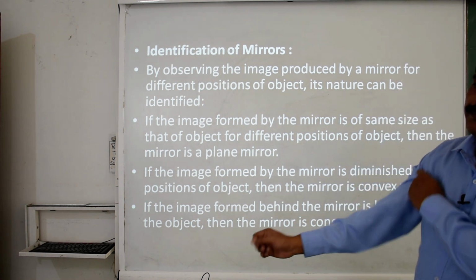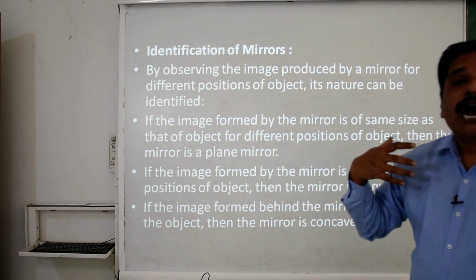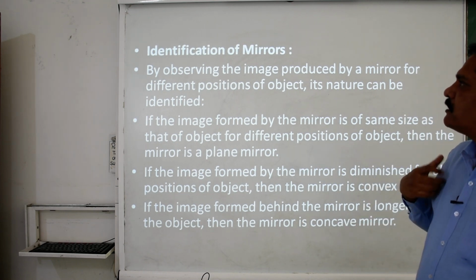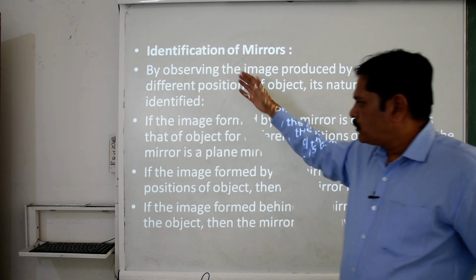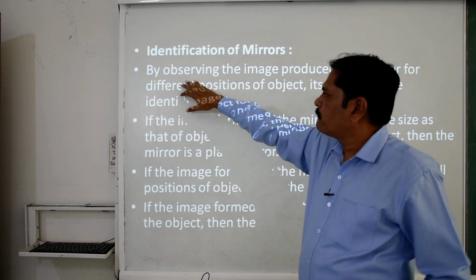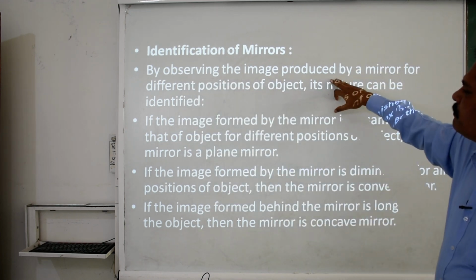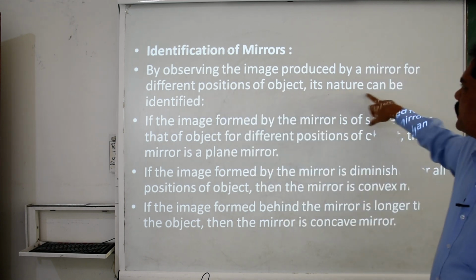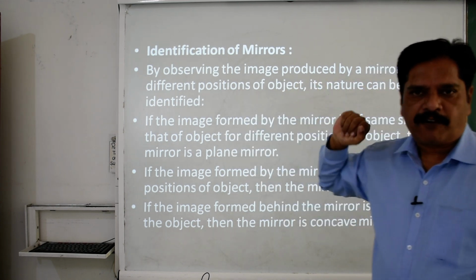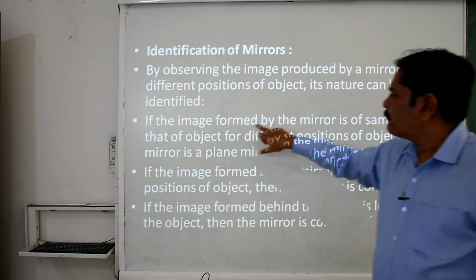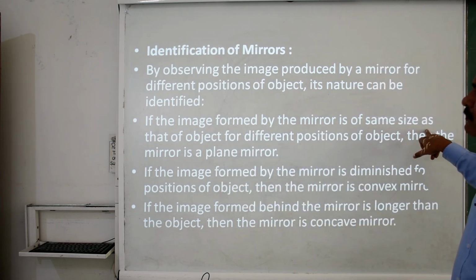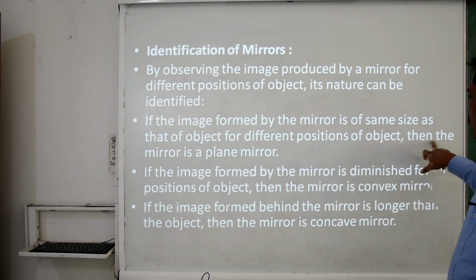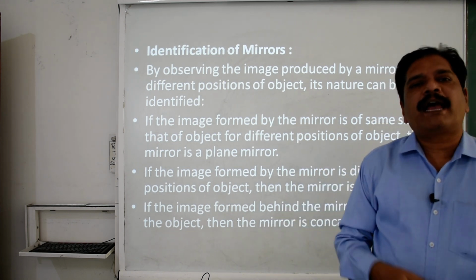Clear? Now one more fact: how can you find out the nature or identification of the mirror? These few facts are given. By observing the image produced by a mirror for different positions of the object, its nature can be identified. If the image formed by the mirror is of the same size as the object for different positions of the object, then the mirror is a plane mirror.